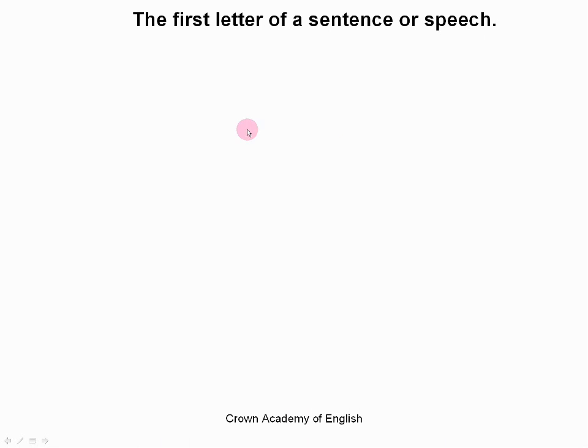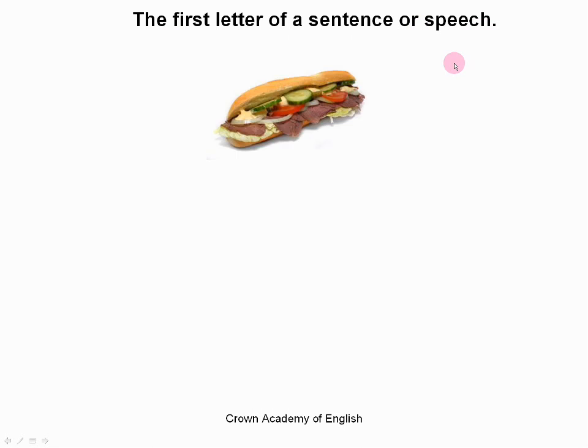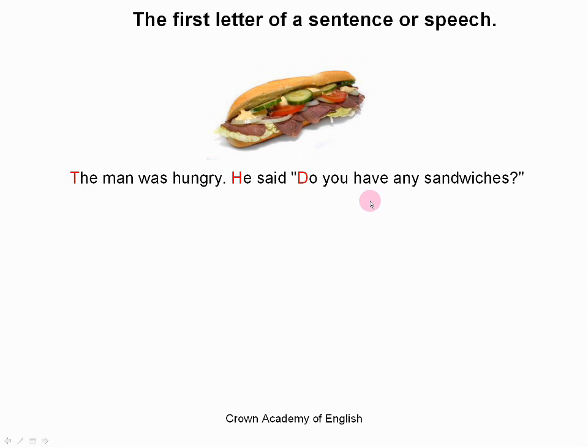The most important rule is the first letter of a sentence or speech. Example: The man was hungry. He said, "Do you have any sandwiches?" So in here we have, in fact, two sentences. And the first letter of the sentence is always a capital letter. So this is a capital letter T. Here is the full stop or period, which indicates the end of the sentence.